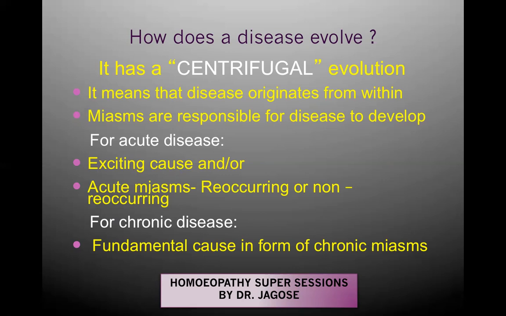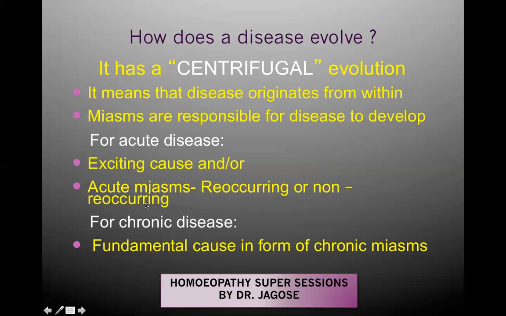For example, in acute disease, we are getting the exciting cause or the acute miasm, which may be recurring or non-recurring. So the main cause of the acute diseases are the miasms, and the other causes which may be responsible for the exaggeration of the disease is the exciting cause.